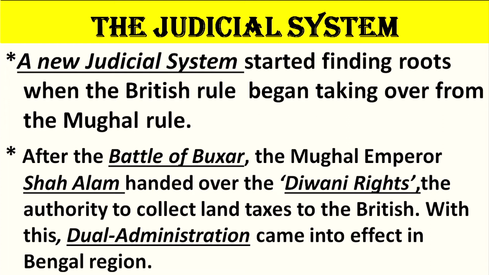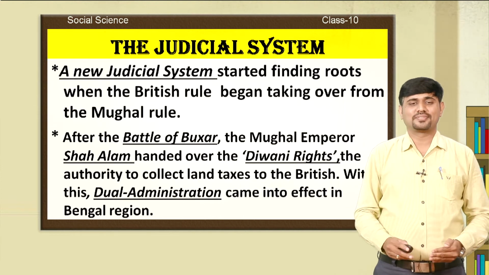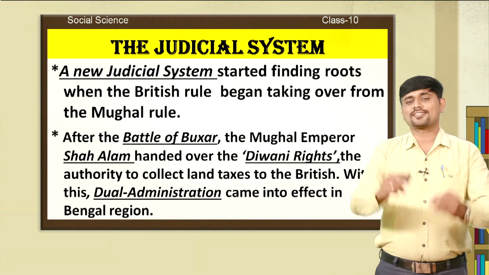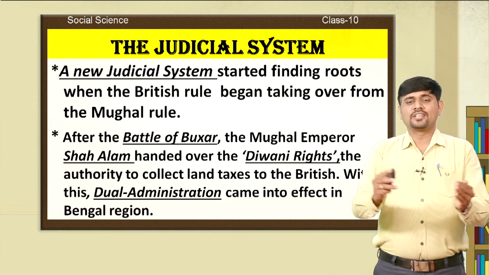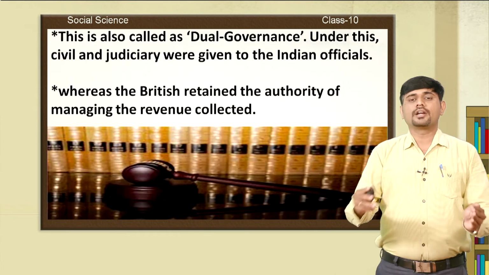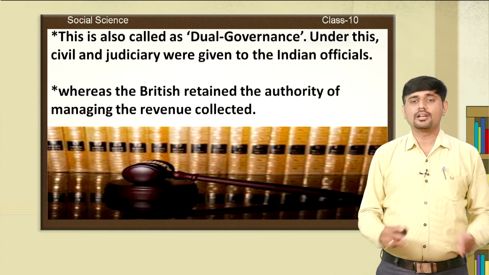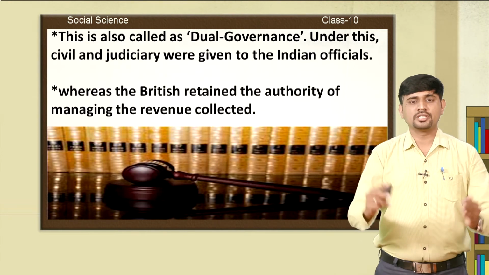After the Battle of Buxar, the Mughal Emperor Shah Alam handed over the Diwani rights, the authority to collect land taxes, to the British. With this, dual administration came into effect in the Bengal region. The dual government is also called dual governance. Two governments were there.